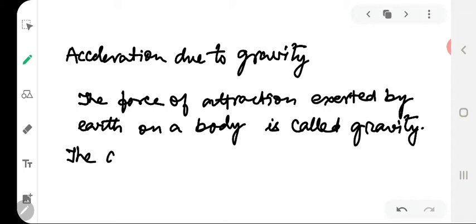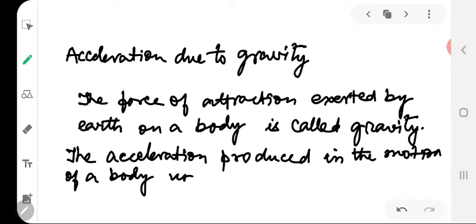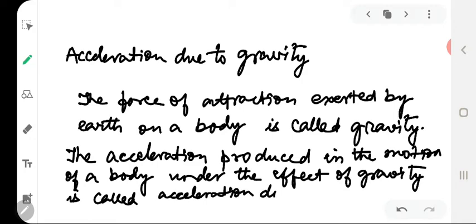So the acceleration produced in the motion of a body under the effect of gravity is called acceleration due to gravity, and it is denoted by the small letter g.